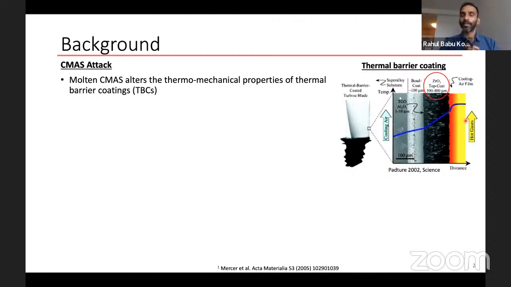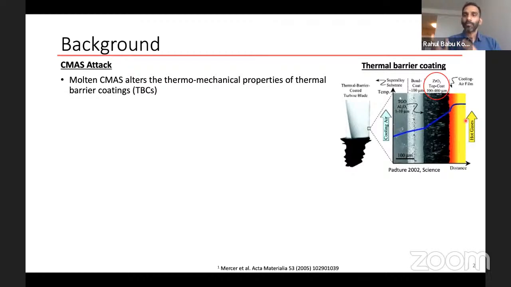And these top coats are typically porous because the engine goes through heating and cooling cycles, and we need the material to respond to these thermal differences. So the porosity helps in expanding and contracting of the TBC.